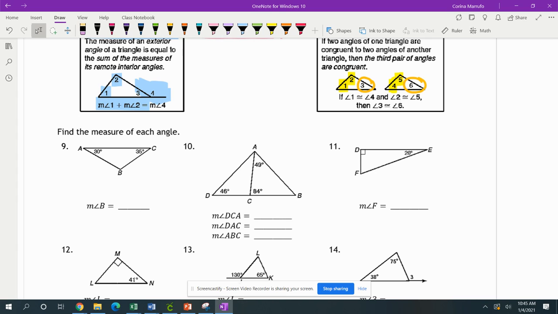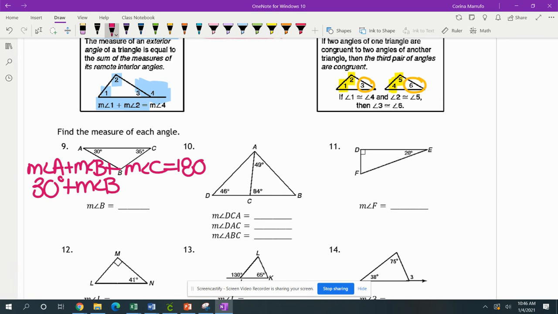Well, we know that the three angles should add up to 180. So the measure of angle A plus the measure of angle B plus the measure of angle C should equal 180. We know that the measure of angle A is 30. We don't know what the measure of angle B is, plus the measure of angle C we know is 35. So all I did was substitute, and this should equal 180.